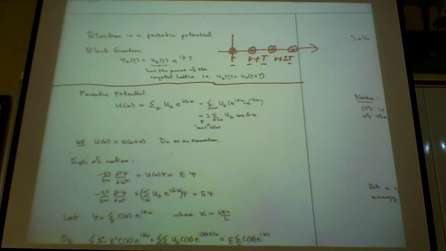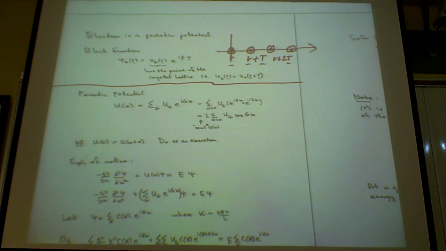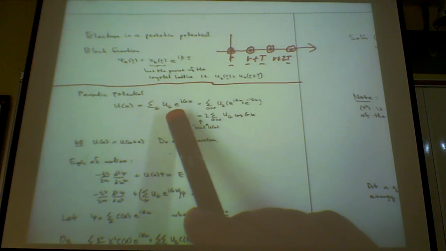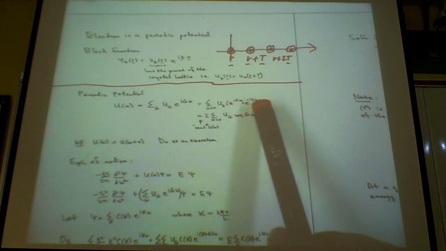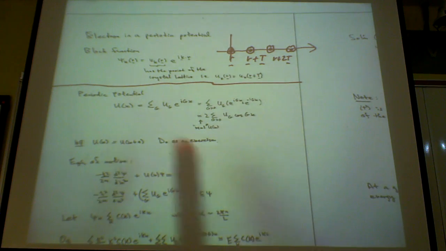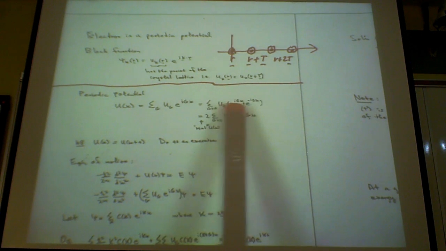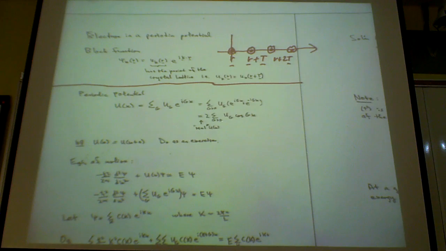But if you restrict G to just positive numbers, from 0 to positive infinity, then in order to get the same series, you have to add e to the minus i G x, the negative side. These two sums are the same, except I write it in a different way. Here I write two series, one from 0 to the negative side, whereas the other one I write continuously from negative infinity.